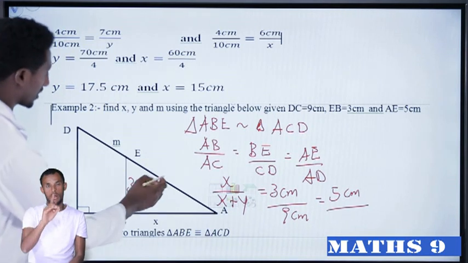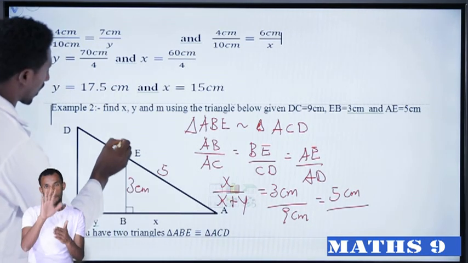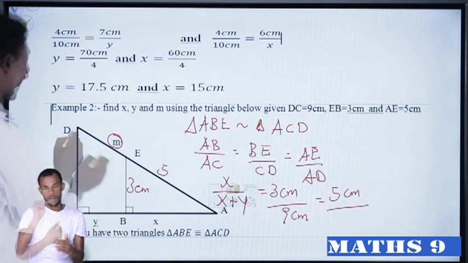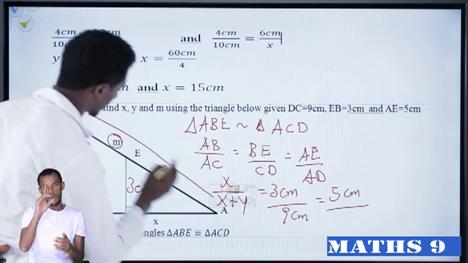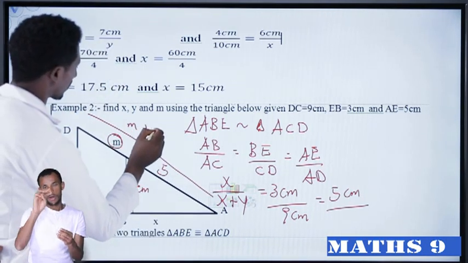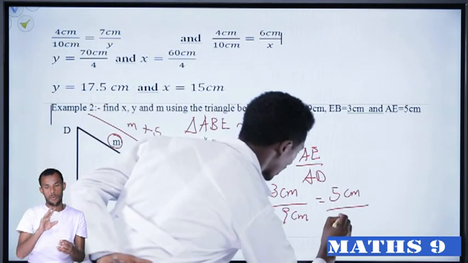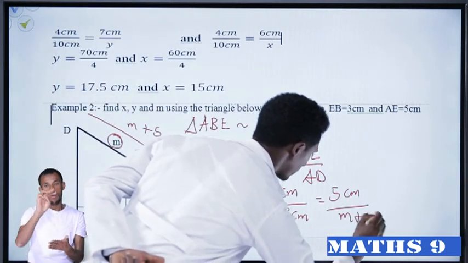The length of AD is 5 plus this one, M. So the length from A to D is M plus 5.